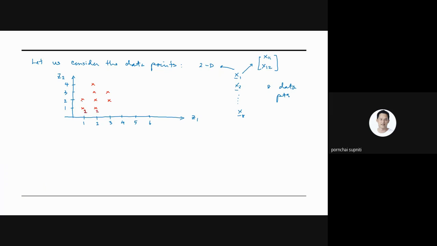I just write down the number, okay? 1, 2, 3, 4, 5, and then 6, 7, 8, okay? So these are the data points that we have to do clustering. So what I'm going to do is show some steps in the k-means clustering and also the EM clustering so that we understand, okay? So first, let's start from the k-means clustering.